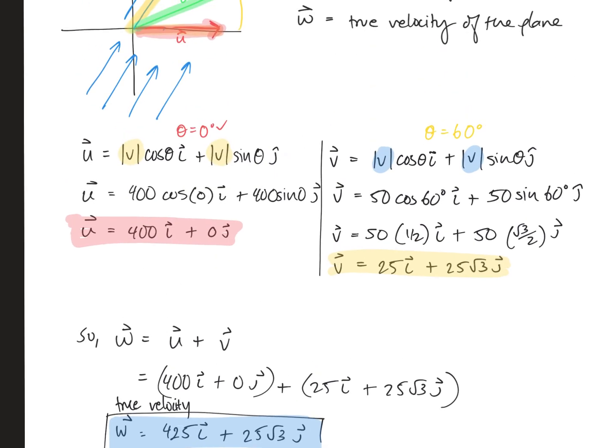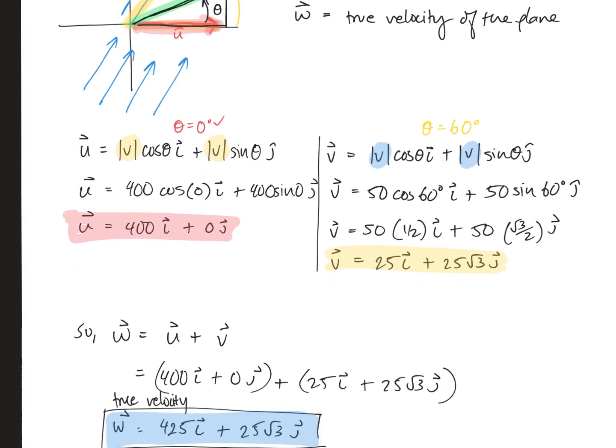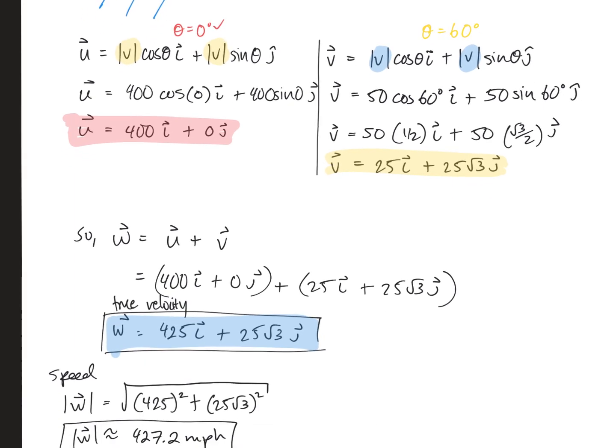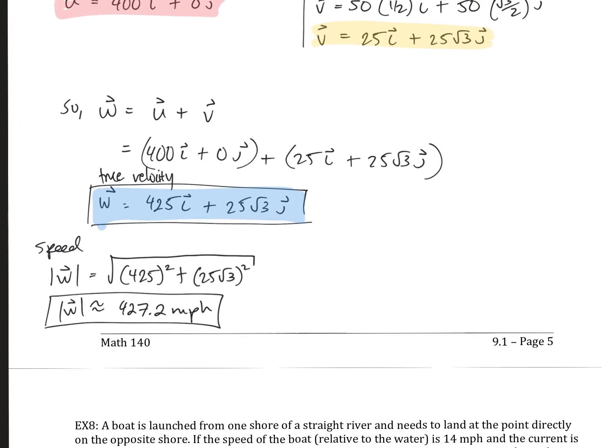And then, lastly, we need to find the direction. Well, what is the direction? If this is our vector there, we're trying to find this angle here, theta. So if we drew a right triangle with the values that we know, we can find our theta. If you'll recall, our a value is the 425, and our b value is the 25 root 3. Let's go ahead and write that right down here.